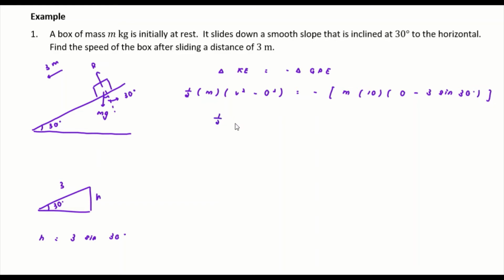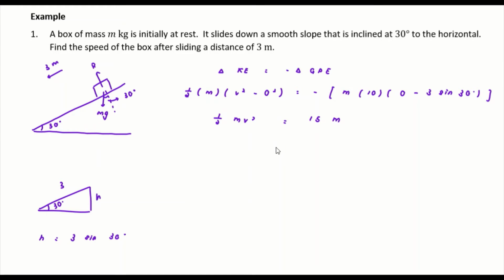Okay, so now let's try to expand it. Then we have half mv squared will be equal to 10. So sine 30 is going to give us half. So 1.5 times 10, so it's 15. So that is 15m. Okay, so yeah, you can try to solve this out. So negative 10m times negative, so you get a positive answer, right? So 10 times 1.5 is 15.